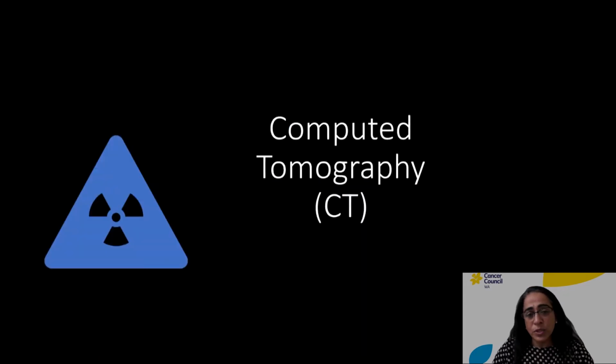Moving on to computed tomography. Now, CT uses X-rays and digital computer technology to create detailed 2D or 3D images of the body. And unlike other imaging modalities, the CT scan can image every type of body structure at once, whether that be bones, blood vessels, and soft tissue.